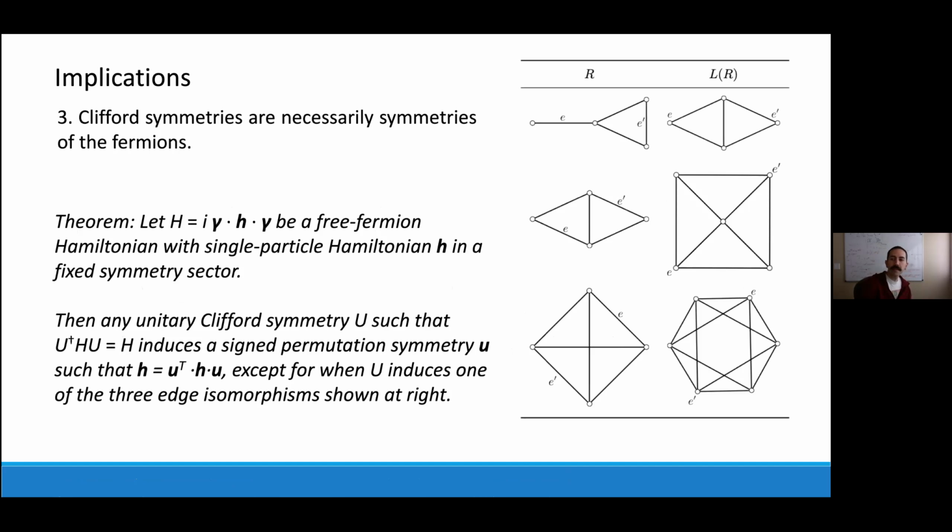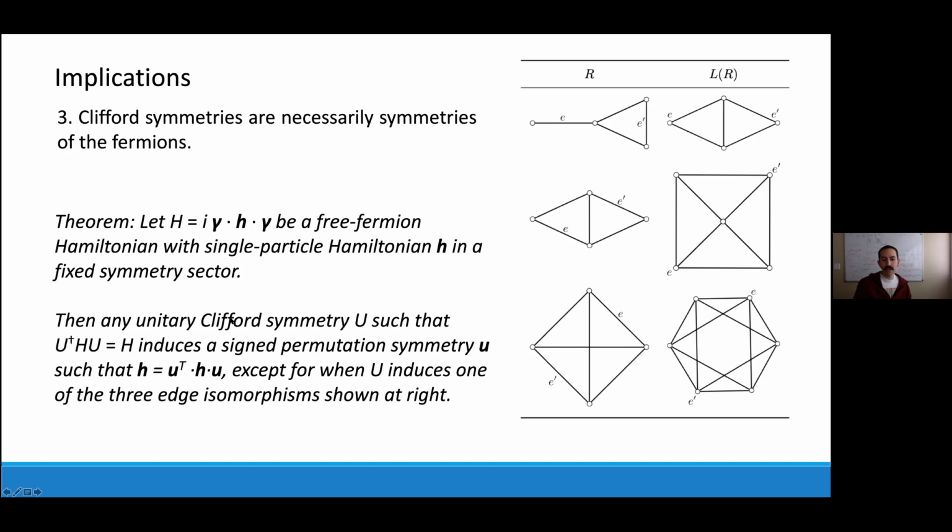And then an implication of Jung's theorem is about Clifford symmetries. By a Clifford symmetry, I just mean a Clifford operator that has, let me state it more colloquially: Clifford symmetries are necessarily symmetries of the fermions. So here's a free fermion Hamiltonian whose single particle Hamiltonian little h is in some fixed symmetry sector.